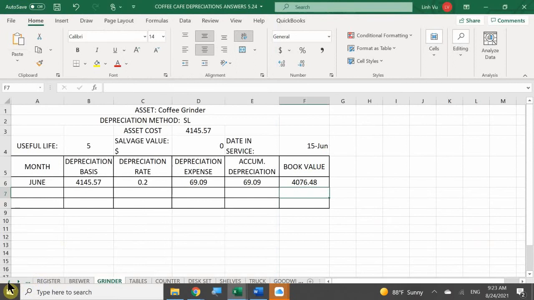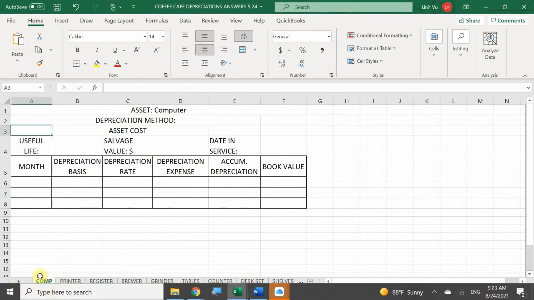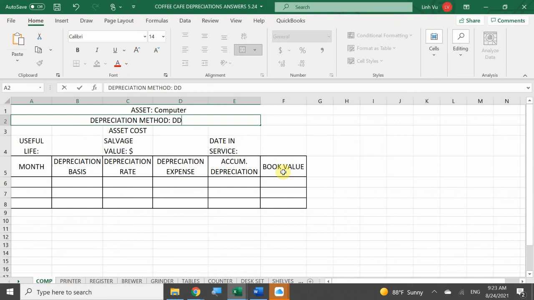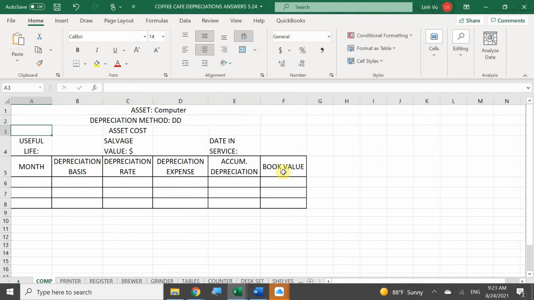So let's go ahead and find those. Here's the computer. Should be the first table here. We know depreciation method is double declining. And we know the useful life is 5 years.